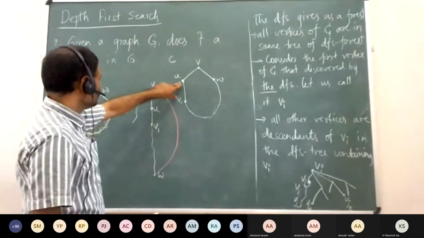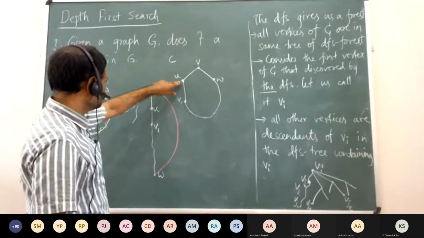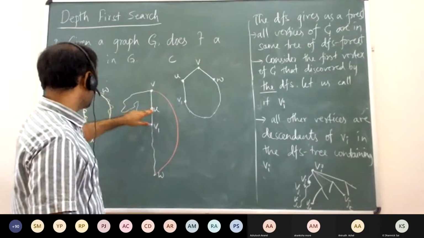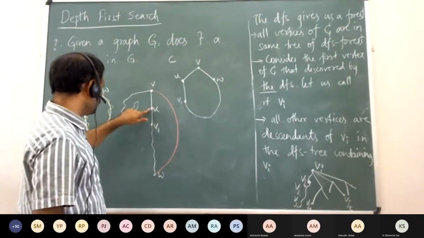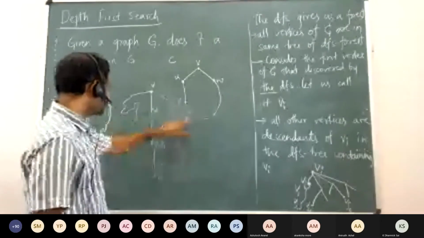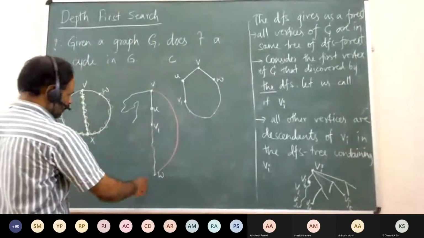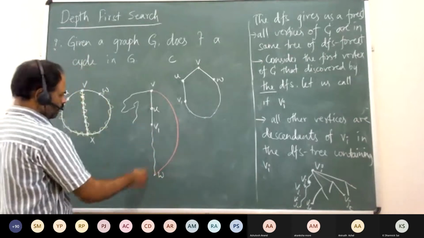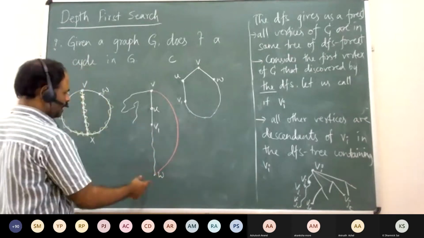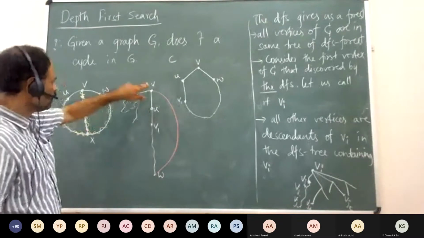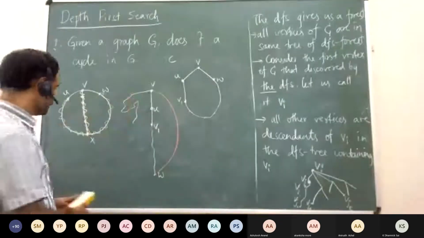Then since UV1 is also a tree edge, after U it might also visit a lot of vertices. Then V1 will be a descendant of U, then V2 and so on and so forth, such that W will again be a descendant of V1, V2 and all these things, which would imply that it will be a descendant of U, and which would imply that it would be a descendant of V, right?